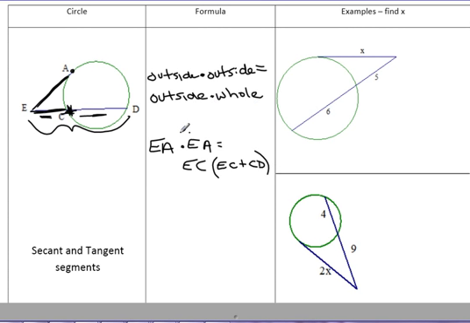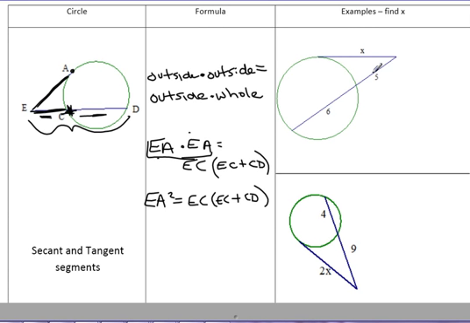And then also you can clean this up because anything times itself is itself squared. So EA times EA is EA squared, which equals EC times EC plus CD.